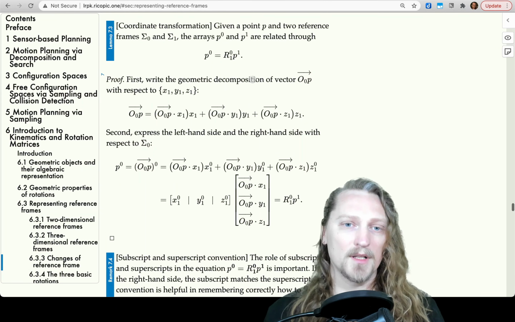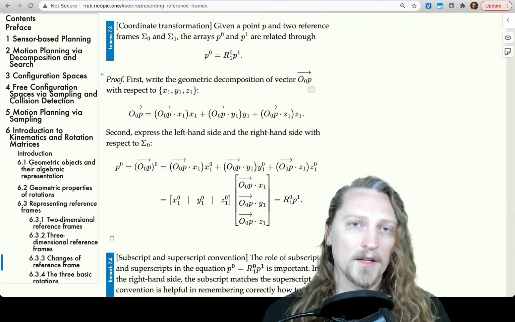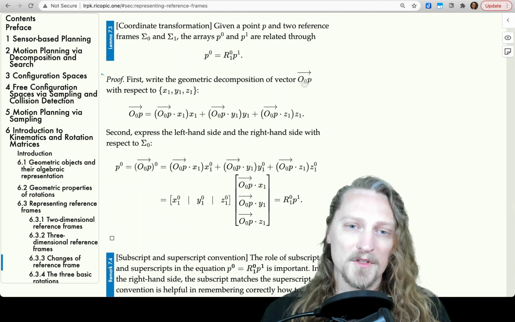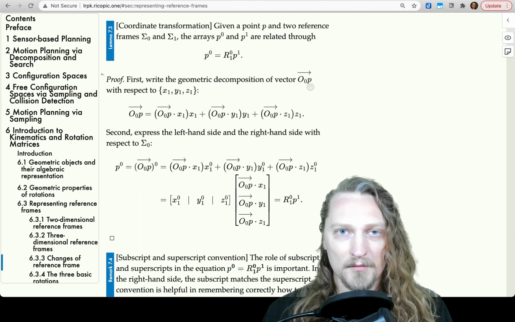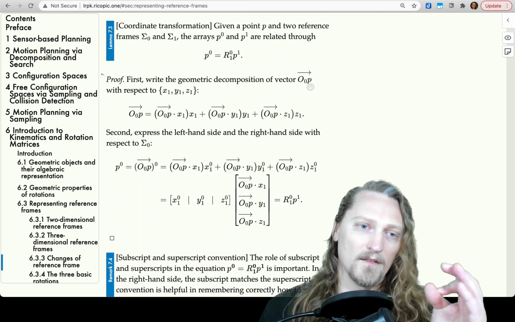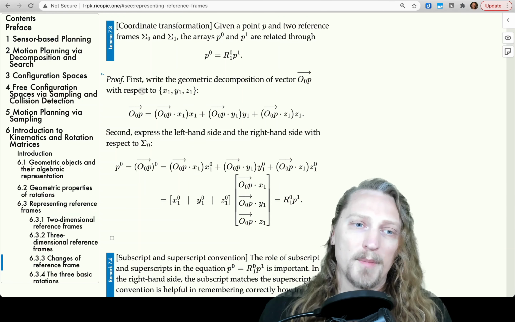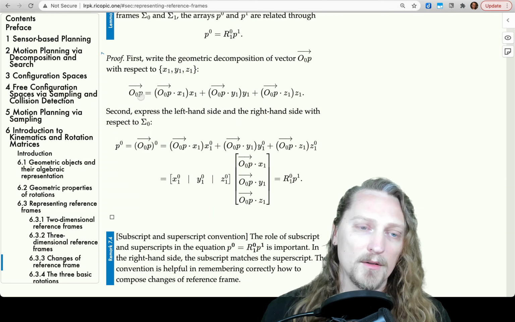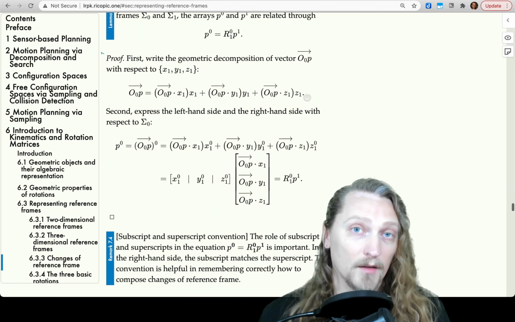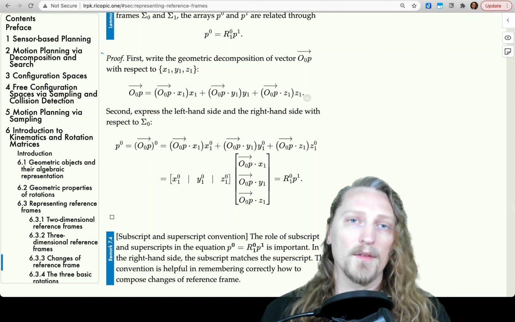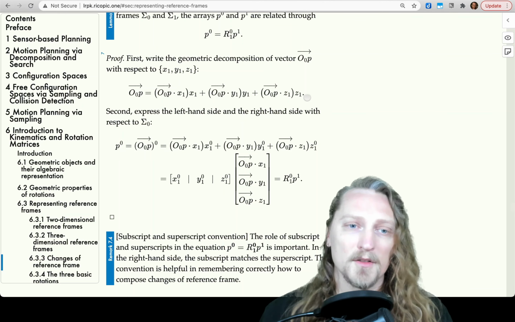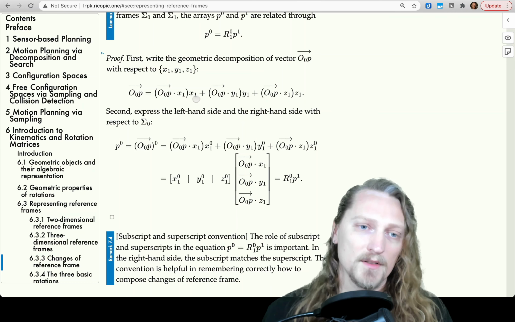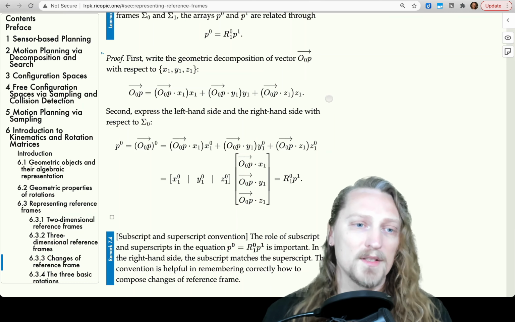First, write the geometric decomposition of the vector that goes from the origin of sigma 0 to the point P. Okay, so that is a vector with respect to x1, y1, and z1. So we do that. We've already done this before for a given point. We can write out what the vector is in terms of any of our basis vector representations, and this is what we've done with x1, y1, and z1.